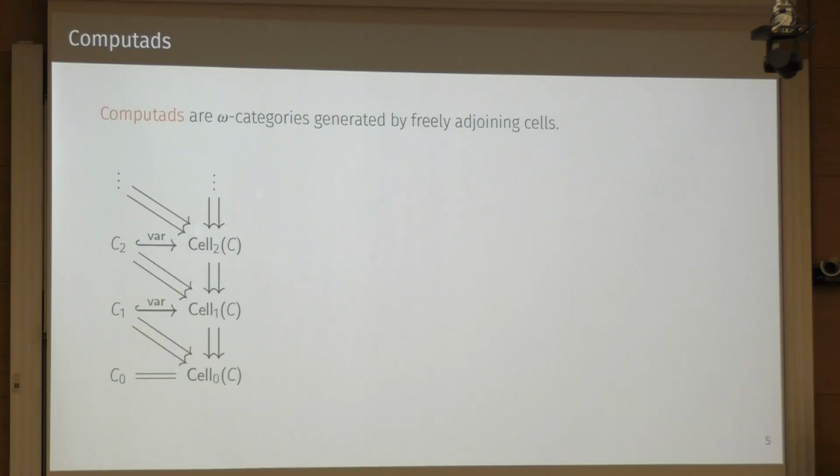And here the crucial thing I want to point out is how this set Cell n is defined. It's defined inductively using two different constructors. First of all, every generator of a computad will be a cell of the free infinity category it generates.